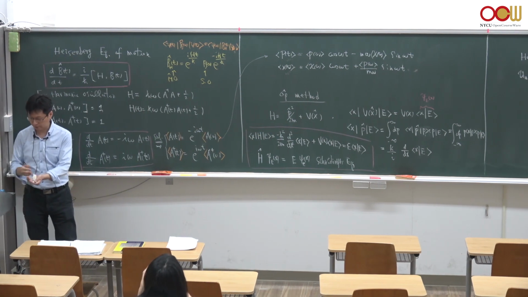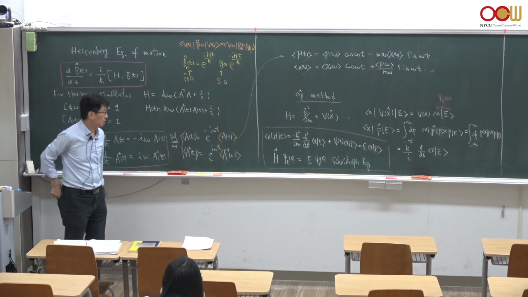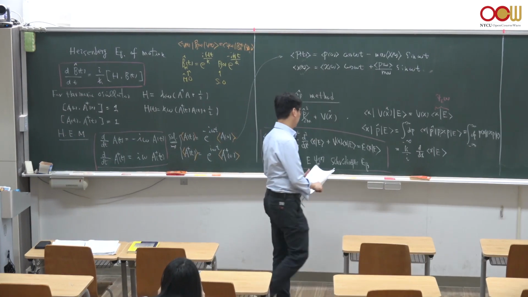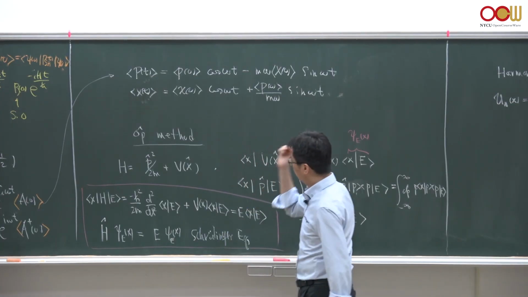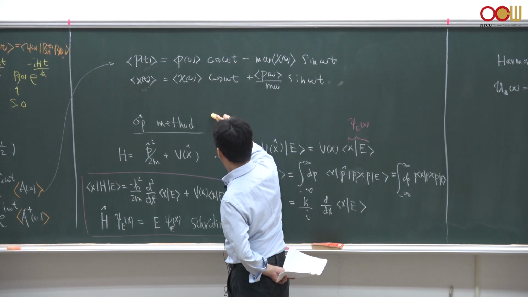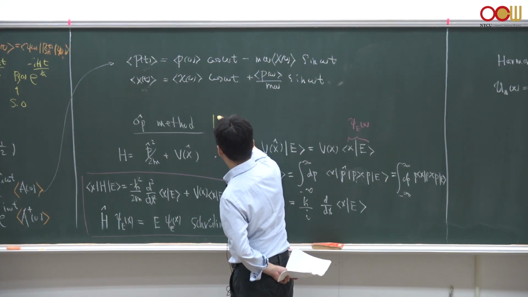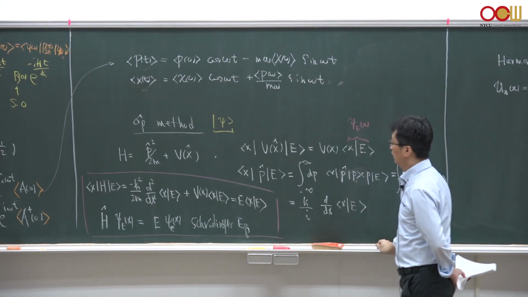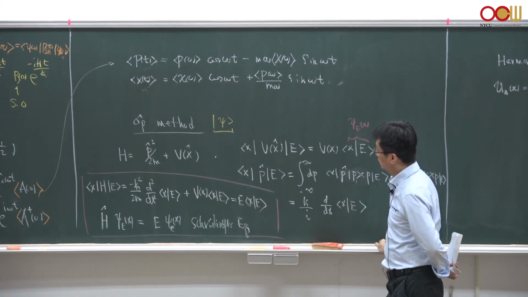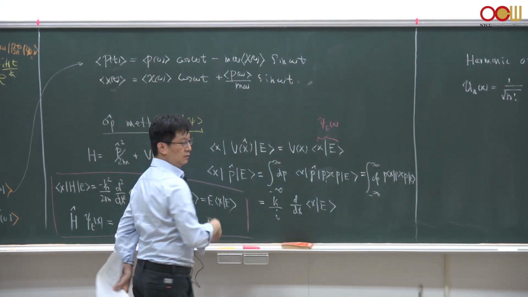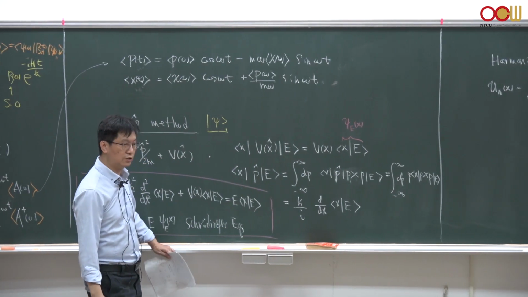But before we end, let's just summarize this operator method in quantum mechanics. As we already pointed out, the operator method is actually based on this Dirac notation, bras and kets, and we use this operator to act on this Dirac state and lead to the eigenvalue equations.